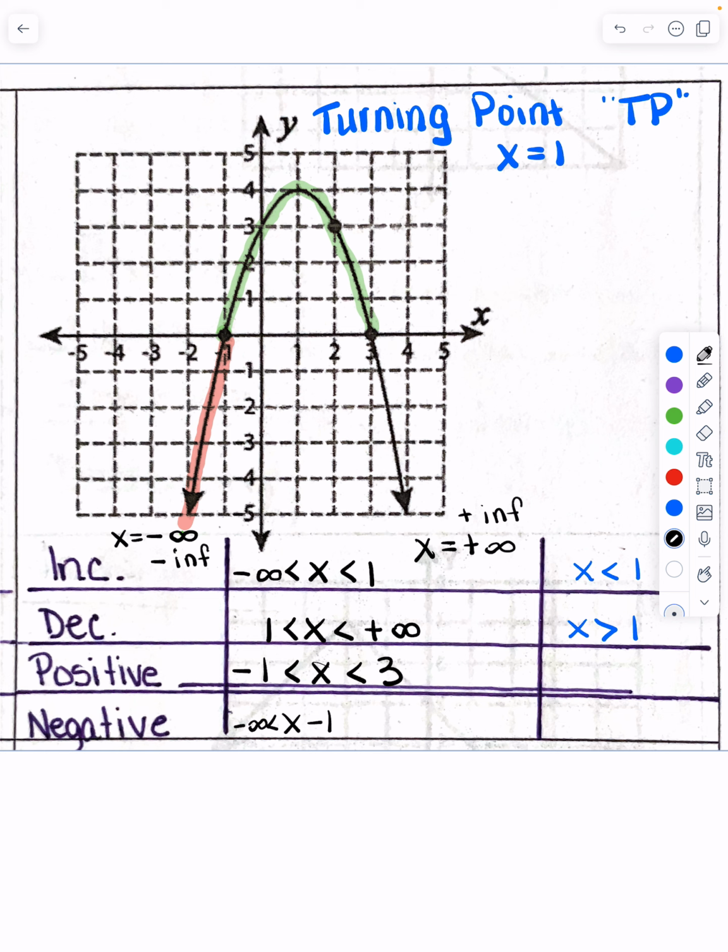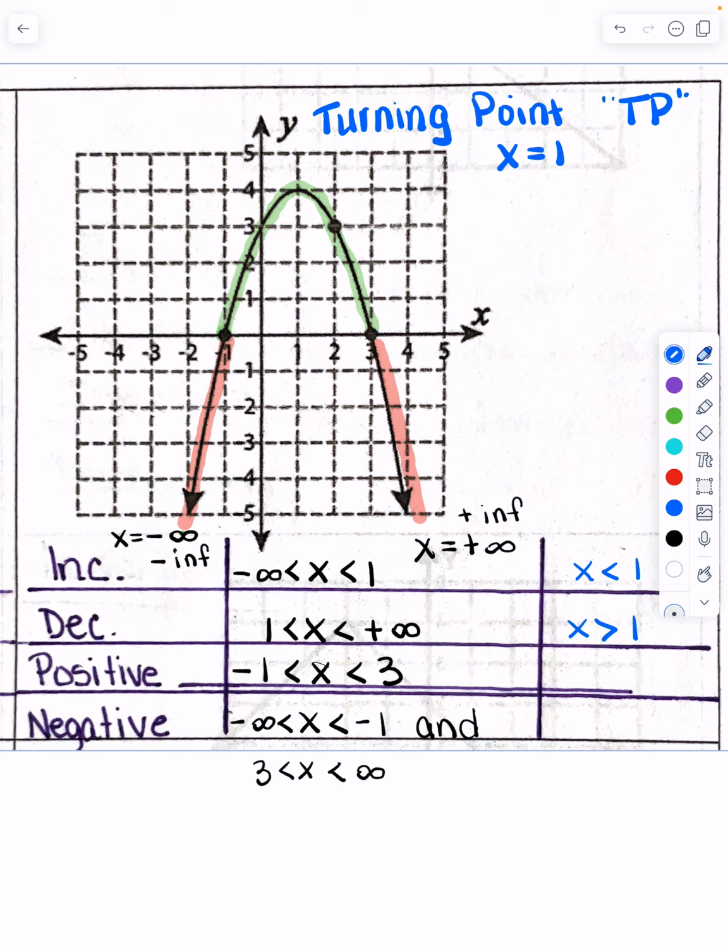Oops, I totally messed that one up. Let me fix that. -infinity to -1. And it is also negative from 3 all the way to the right to positive infinity in x values.